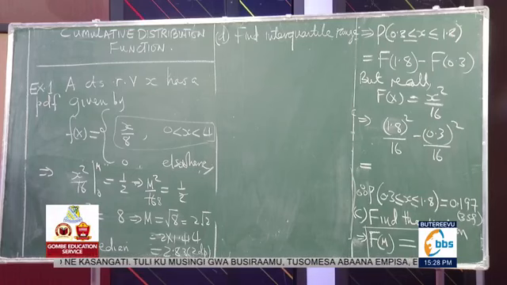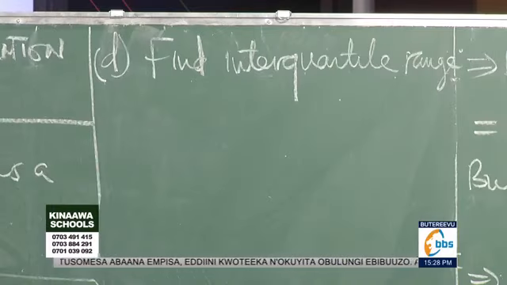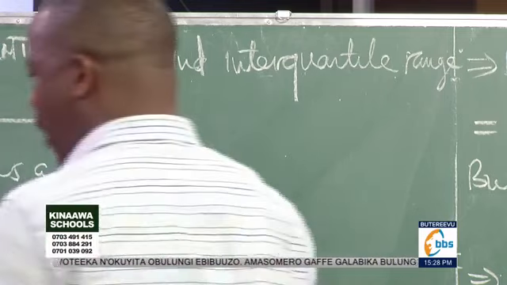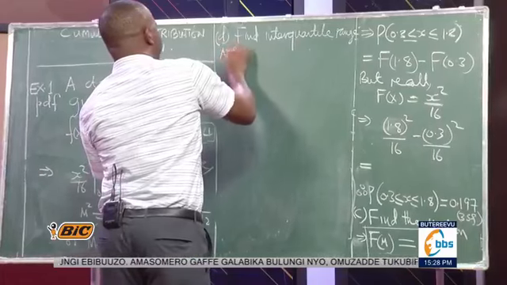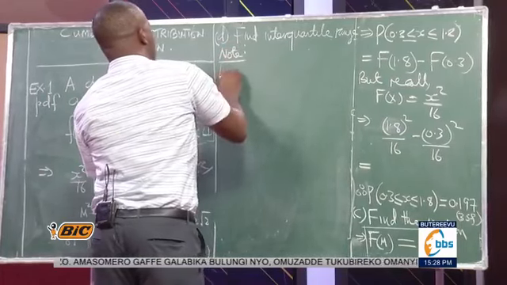As you capture those values, I want also to summarize here the conditions required. We have what we call the lower quartile and the upper quartile. The lower quartile is a quarter.